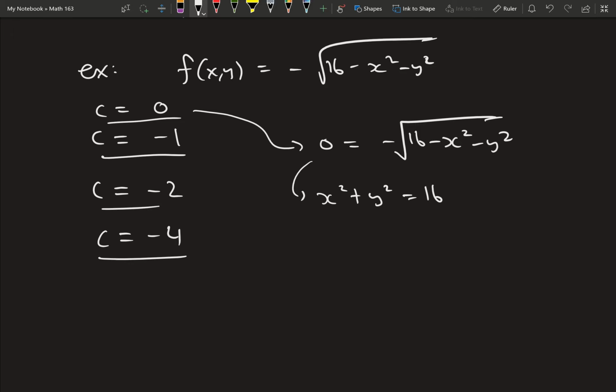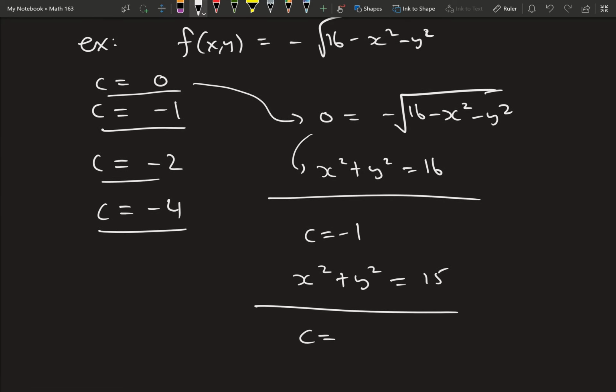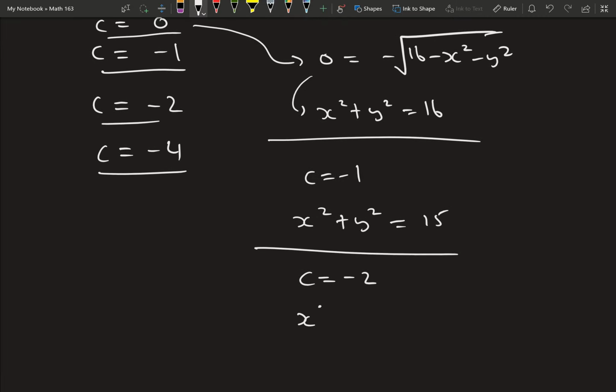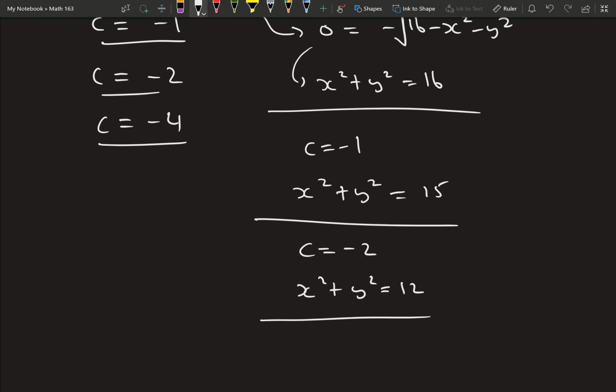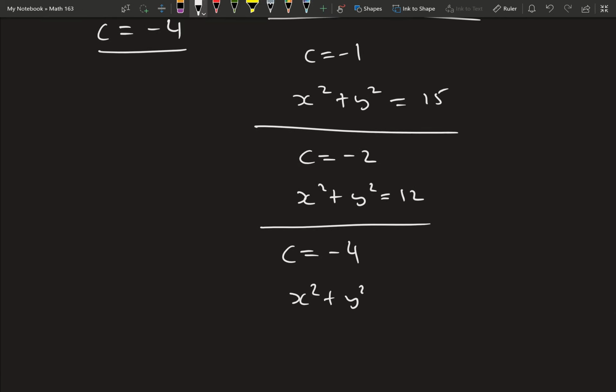For c equals -1, you end up with x squared plus y squared equaling 15. If c equals -2, you get x squared plus y squared equal to 12. Again, you're squaring both sides, bringing the x squared plus y squared to one side and the constants to the other. And if you do c equals -4, you get x squared plus y squared equal to 0, which is just a point, since x equals 0 and y equals 0.